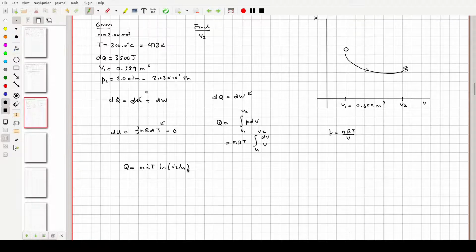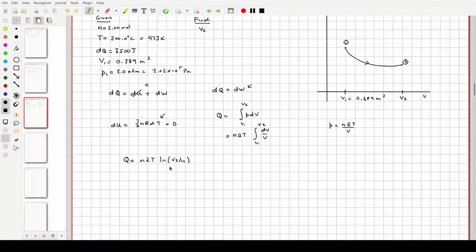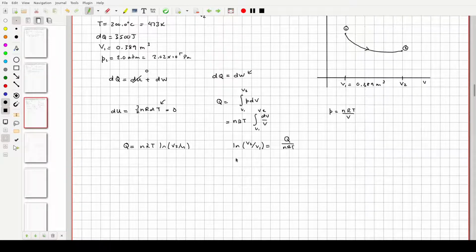So really what we're trying to do is find V2 here. We know the number of moles, we know the ideal gas constant, we know the temperature that we're operating at, and we have how much heat has been added. So if I solve for the natural log, that's going to be Q over nRT. Then I raise e to the power of both sides.